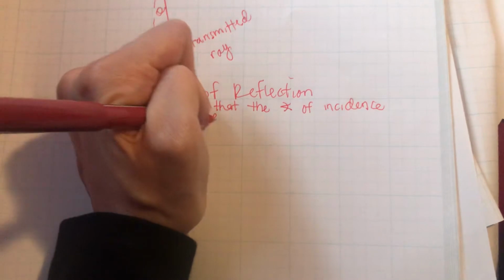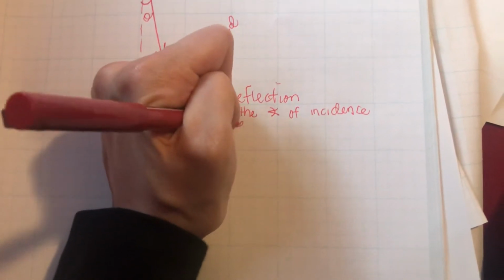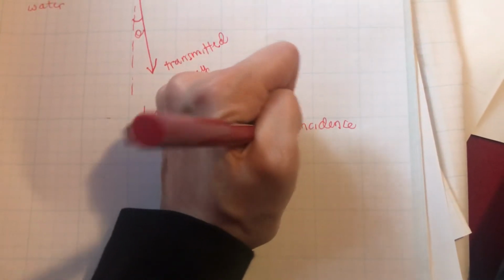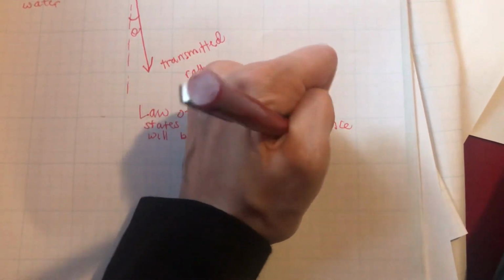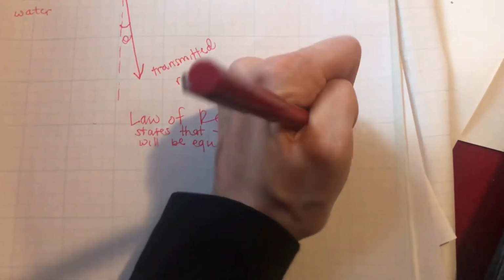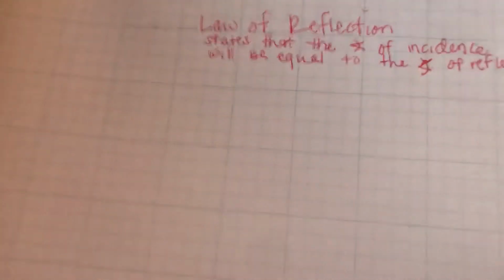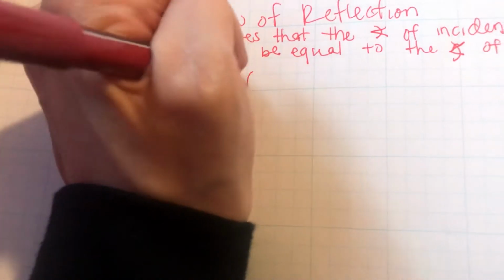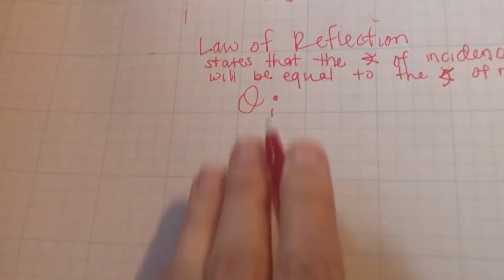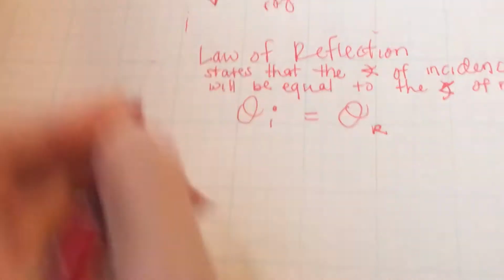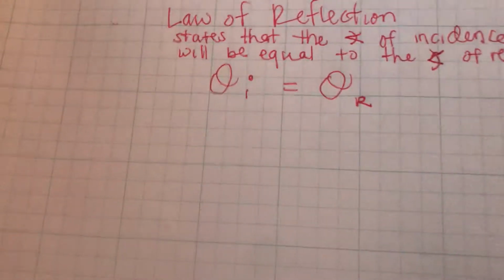This can actually be represented by a formula which says theta I, or the angle of incidence, equals theta R, or the angle of reflection.